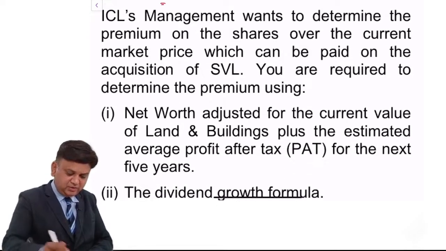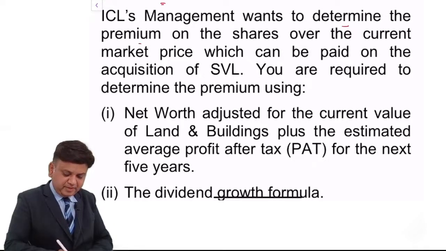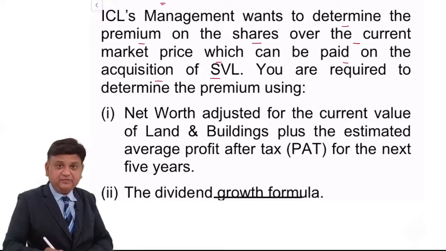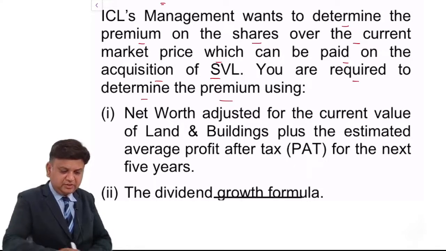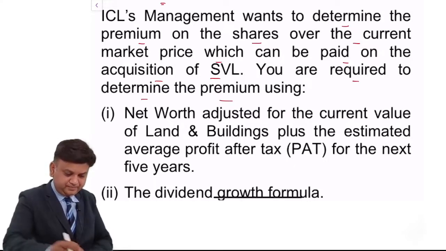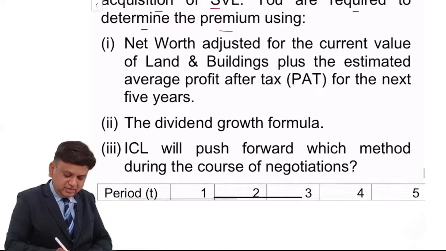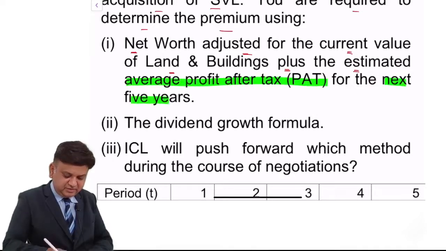ICL's management wants to determine the premium on the shares over the current market price which can be paid on acquisition of SVL. You are required to determine the premium using, one, net worth adjusted for the current value of the land and building plus estimated average profit after taxes for the next 5 years.